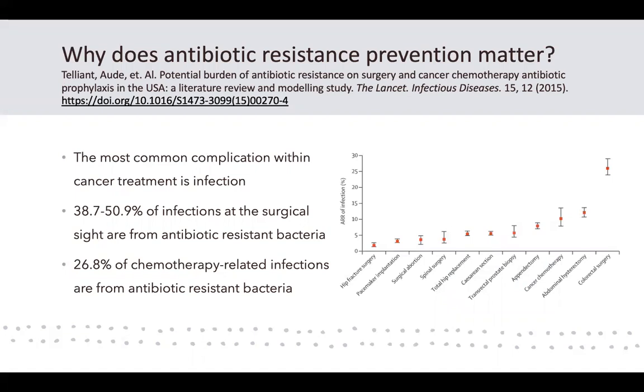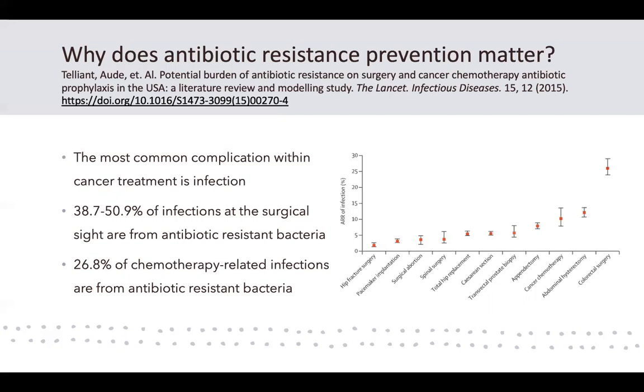So why does antibiotic resistance prevention matter? Dr. Telliant and colleagues did a study where they looked at antibiotic resistance in surgery and cancer patients. Infection is actually one of the most common complications within cancer treatment. In this study, they looked at the percent of antibiotic-resistant bacteria present within post-surgery or chemotherapy-related infections.